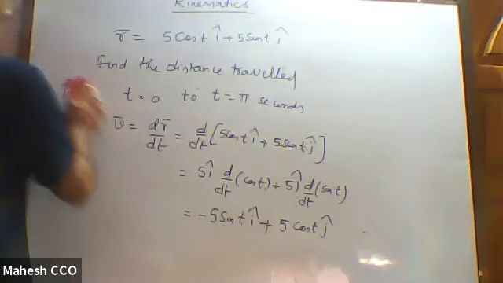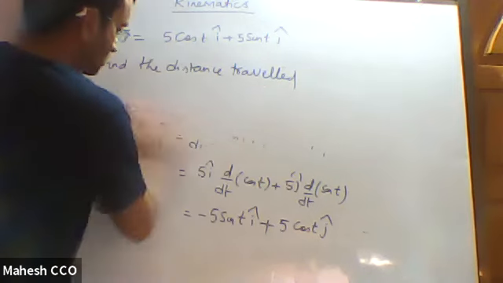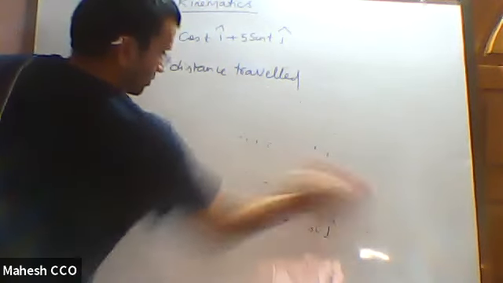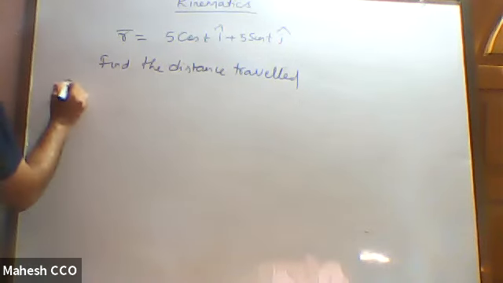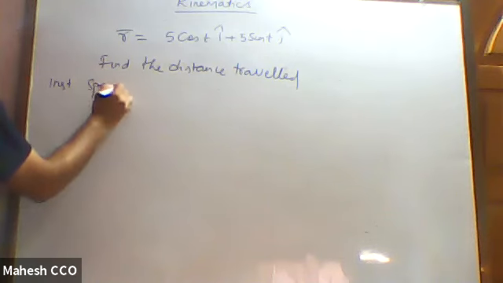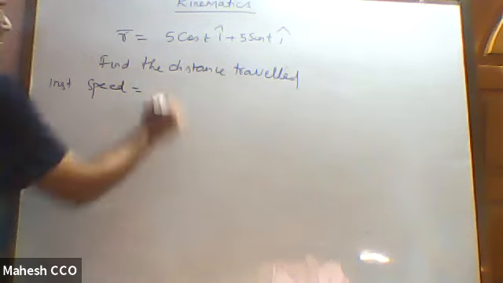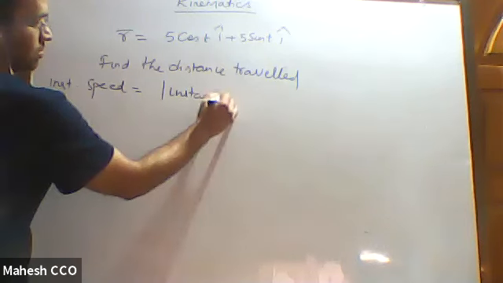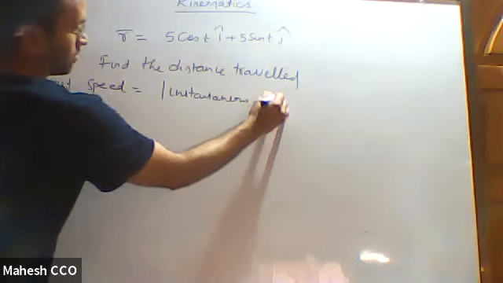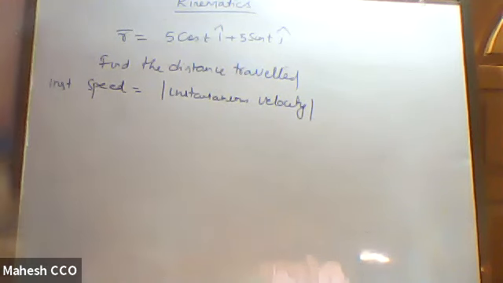Now, instantaneous speed is equal to magnitude of instantaneous velocity.